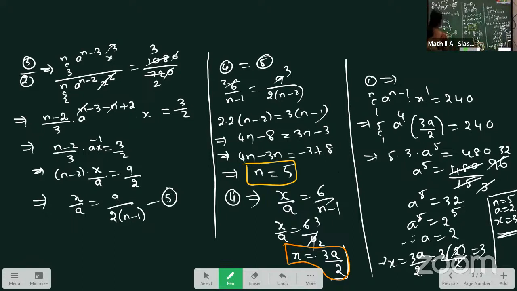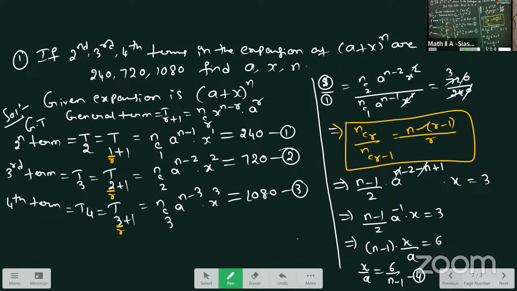So this is how we have to solve when a question is given in binomial expansion. By taking the sentences in properly, we will be getting the answer easily. Of course, it is a lengthy question. So once again, second, third, fourth terms of an expansion are given. So substituted in the formula T2, T3, T4, then divided 2 by 1.